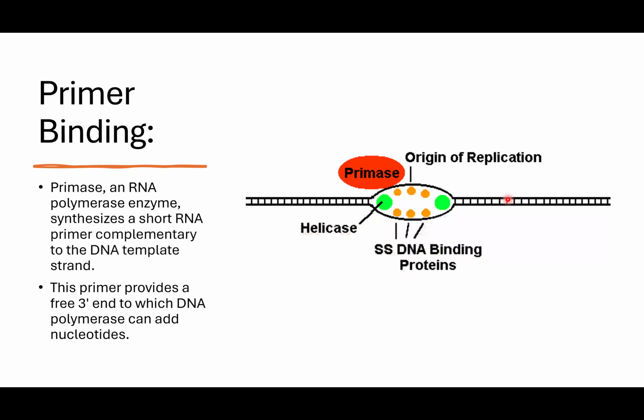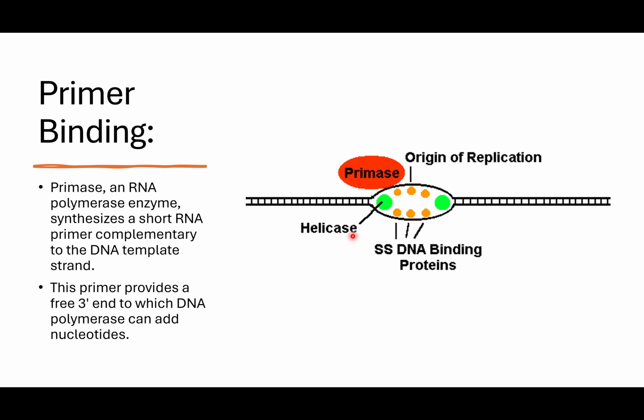all right? For primer binding now, we're going to have the addition of primers. So after we have all of that, at the origin of replication, helicase will start to break the bonds, while the single strand DNA binding proteins are going to maintain the open fork, the open area.